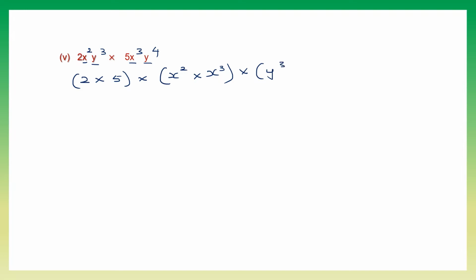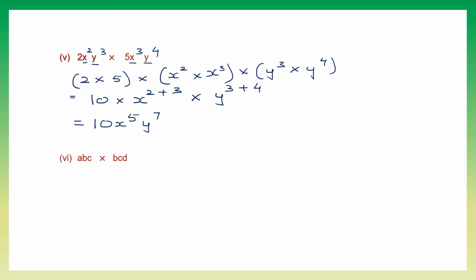Y to the power of 3 into y to the power of 4. 2 5s are 10 into x to the power of 2 plus 3 into y to the power of 3 plus 4. So this will be 10x, 2 plus 3 is 5, y, 3 plus 4 is 7. So what's the answer? 10x to the power 5 and y to the power 7.